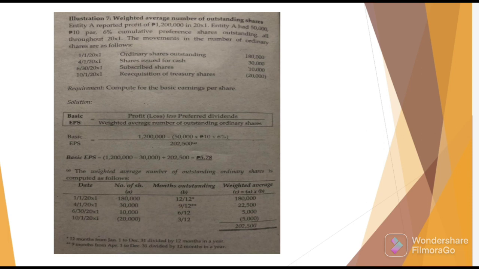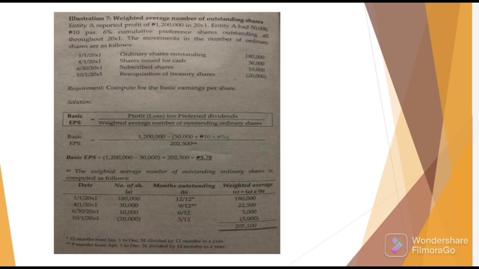Paano siya kukumpitin? Ganito. Yung number of shares, multiply mo siya kung kailan or yung bilang na outstanding yung shares. Kunwari na doon sa ordinary shares outstanding, January 1, 2021, buong year siya outstanding. So, buo pa rin na 180,000 yung i-record natin.